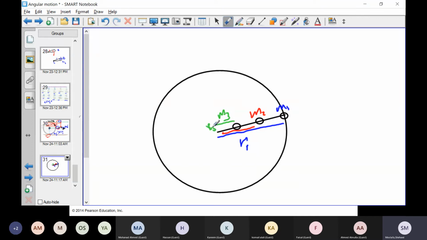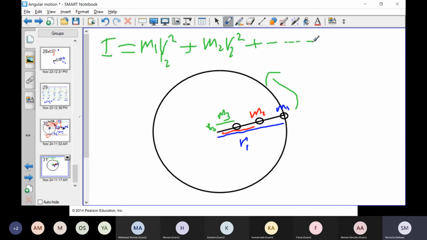To find the moment of inertia or rotational inertia for this system, which is revolving in this direction, you will type it like this: moment of inertia equals M1 R1 squared plus M2 R2 squared plus, and you can continue like this.